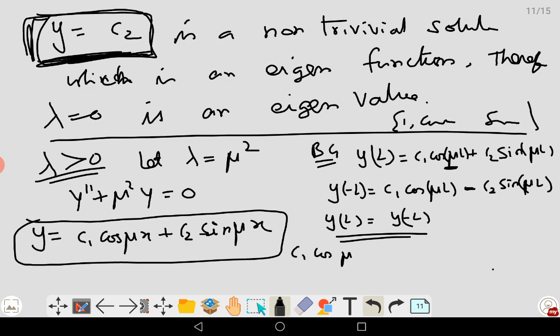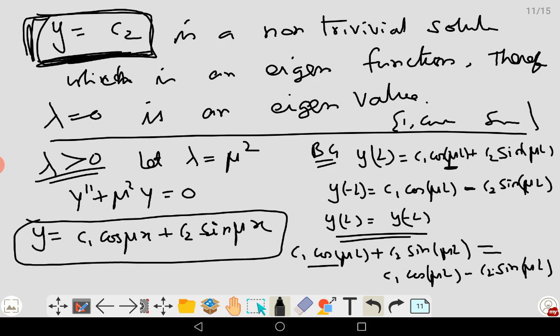The left side is C1 cosine mu L plus C2 sine mu L is equal to C1 cosine mu L minus C2 sine mu L. Same terms can be removed, isn't it? So first term and first term can be cancelled. This one is positive, this is negative C2. So what do you get?